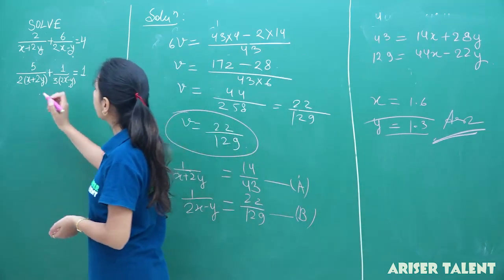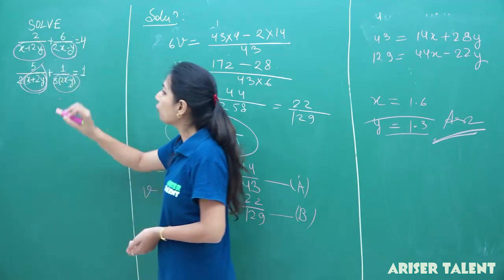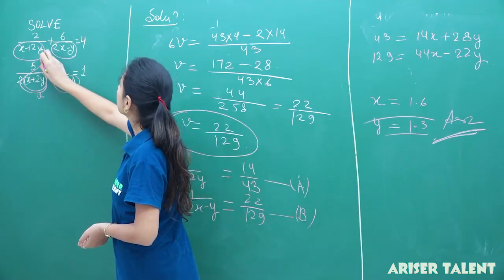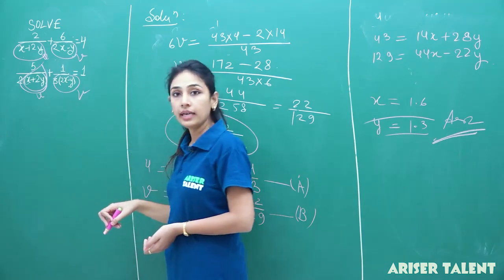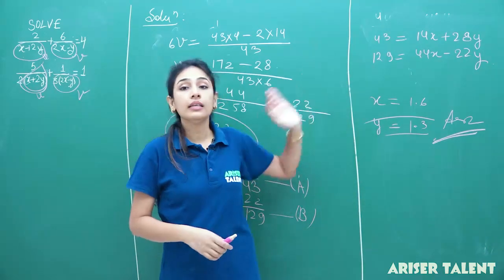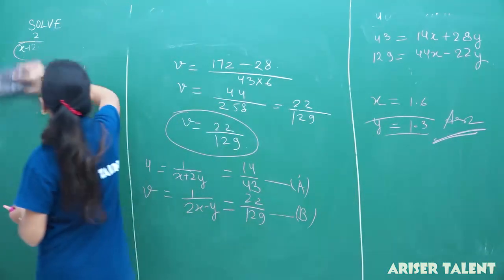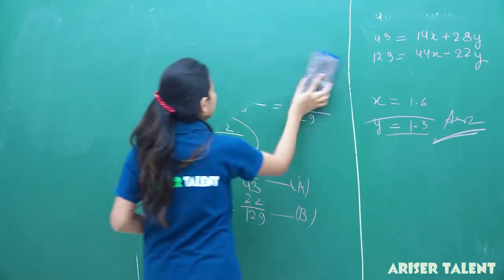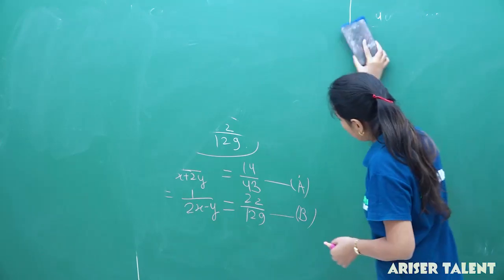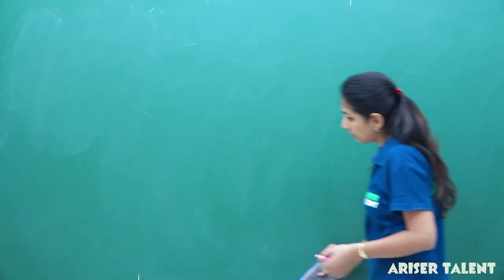We assumed these two expressions as u and v, found the values of u and v, and then converted them to x and y format. Okay students, so practice this.